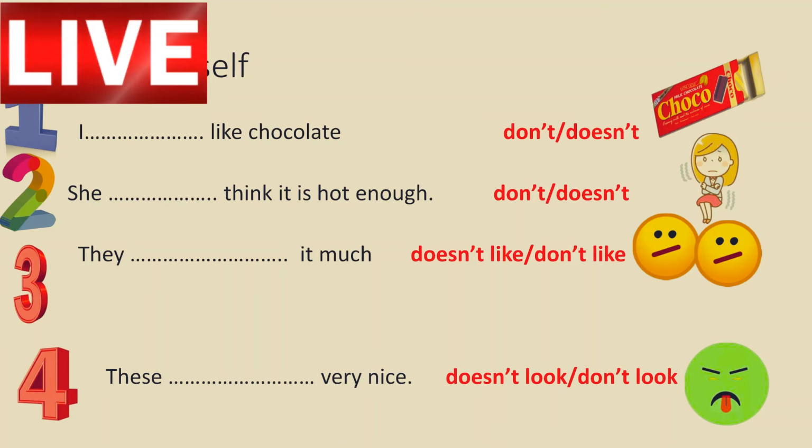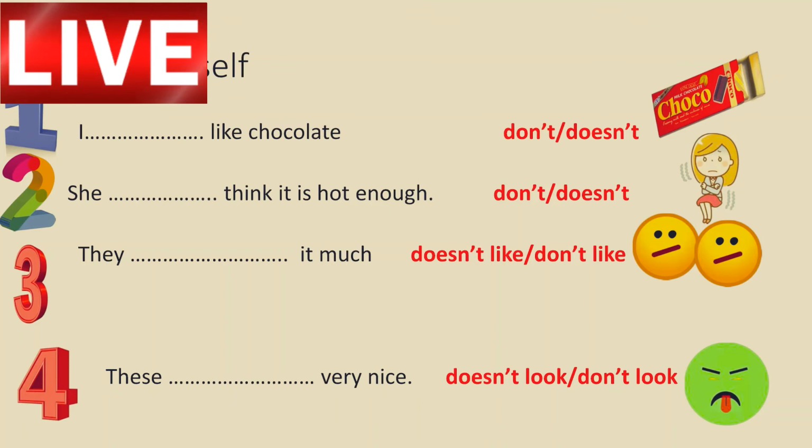Please write don't or doesn't, the word that's missing. Number 2, she, don't or doesn't, think it is hot enough. Please write don't or doesn't, the word you think is missing from that sentence.